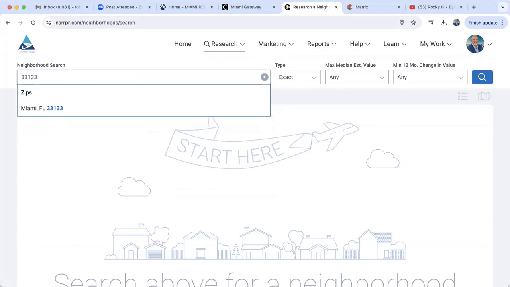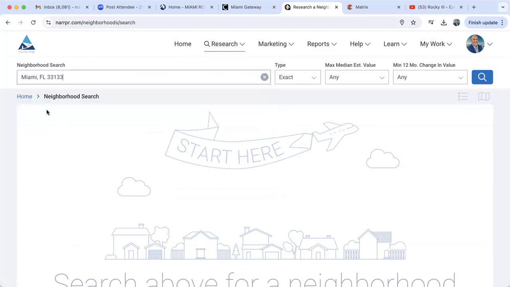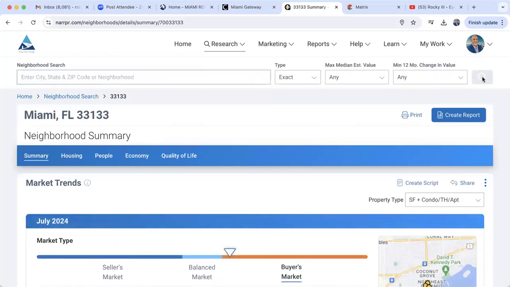All right. It is not a city. Most people think it may be a city, but it's not. It's a neighborhood within the city of Miami, and its zip code is 33133. Right. So we're going to run this neighborhood search, and we want to know the stats in Coconut Grove. So we're going to go ahead and click on search.